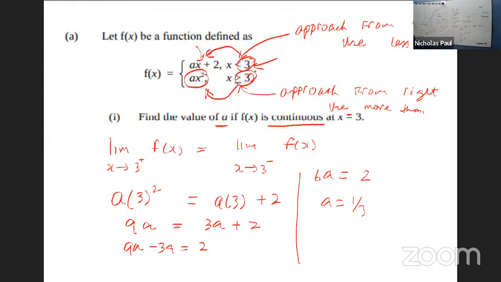Let's go again. All right, what's this here? Next one.